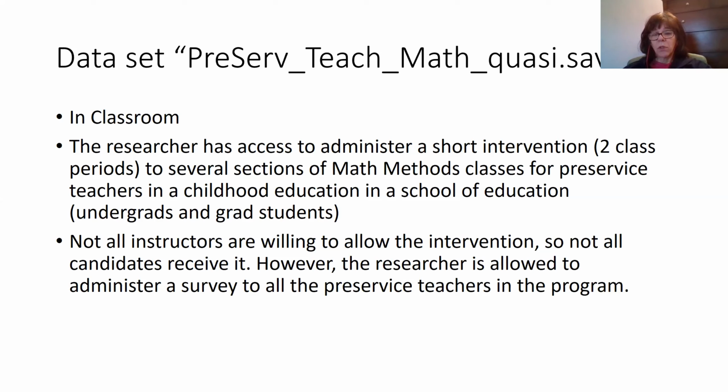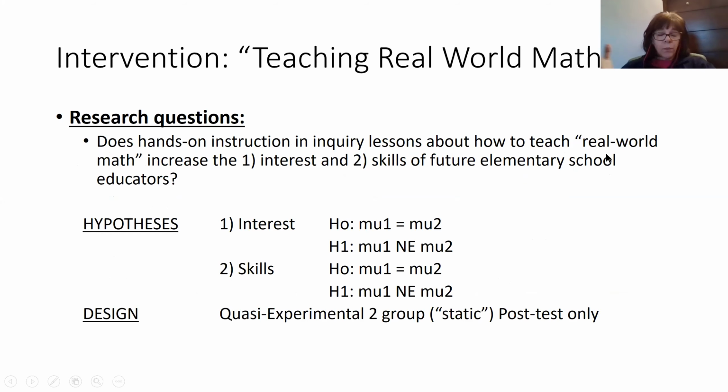You have no control over how some people got into the treatment group or not. They're just the people who were there, you didn't assign them. So it's a quasi-experimental design, no randomization. So we have the researcher and their research questions.